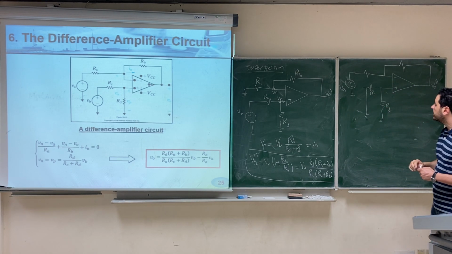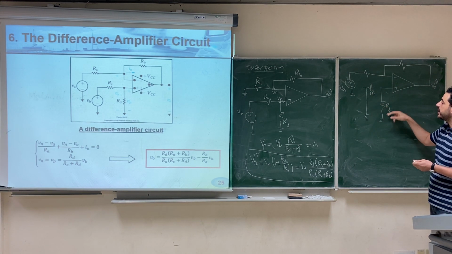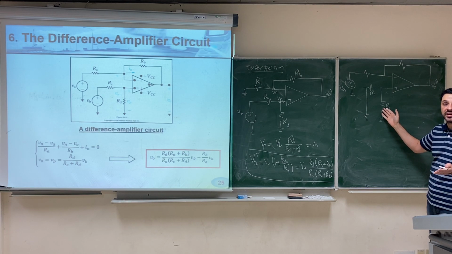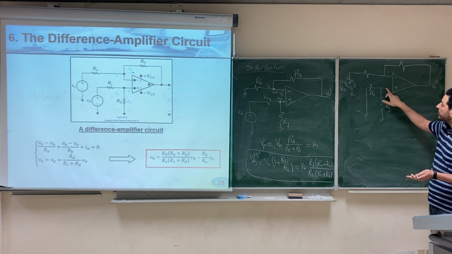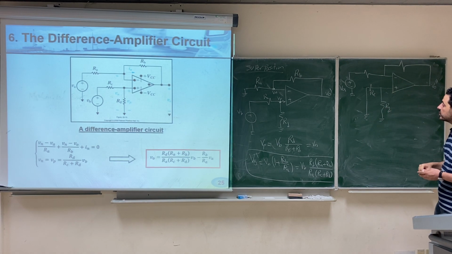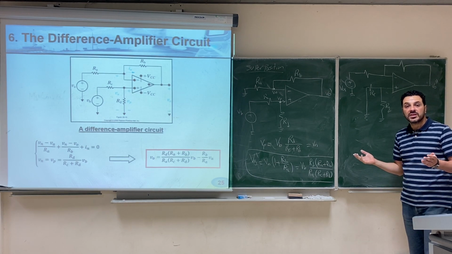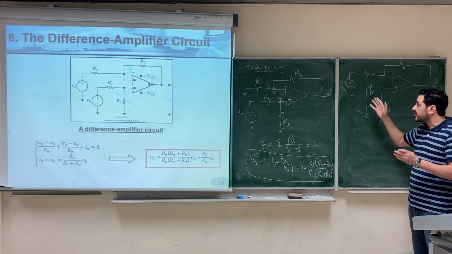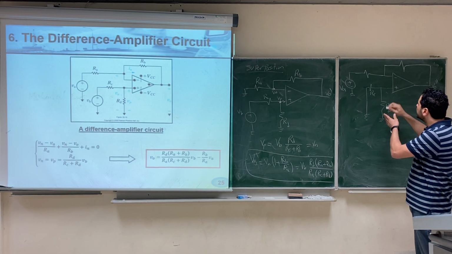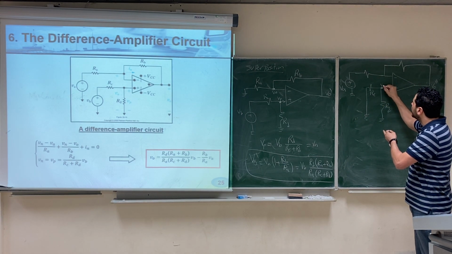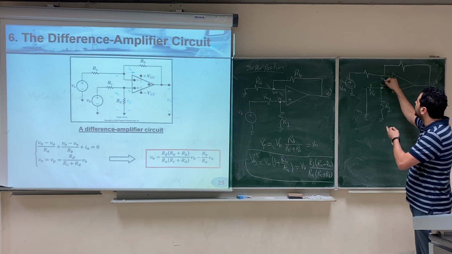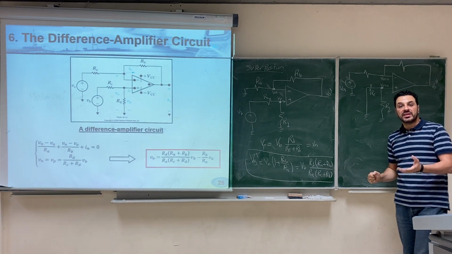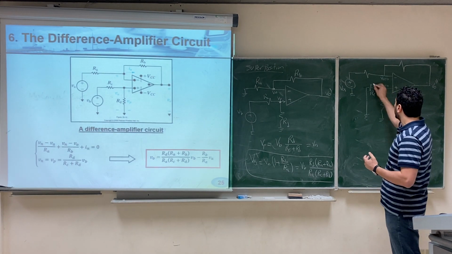Of course here, if you look carefully, you find that this part has no current at all, because there is no source to generate any current, and there is no current from the op-amp. So the current in these two resistors will be 0. So basically these two resistors are useless here in this analysis, right? So the voltage here, VP, will be 0 and the voltage Vn will be 0, and the circuit will be very similar to the inverting amplifier because there is no current in this part.